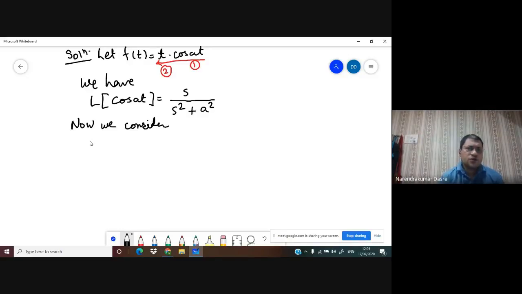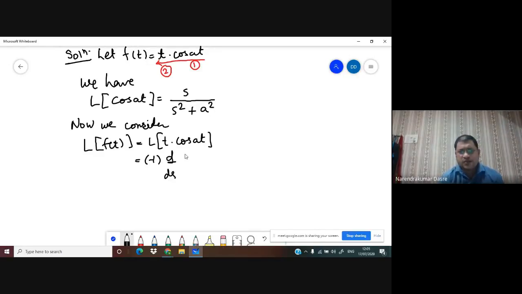I want to find out the Laplace transform of f of t. What this f of t actually is, it is the Laplace transform of t into cos of at. So we got here minus 1 to the power 1 d by ds, due to this t, then the Laplace transform of cos of at, that already we have calculated. So it is s upon s square plus a square.